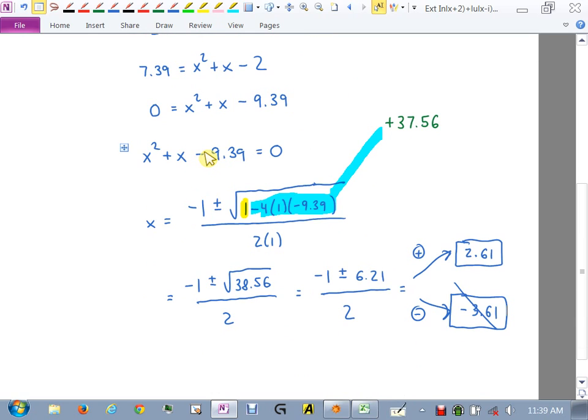All right, let's look at another example. Log 2x minus log of x minus 3 equals 1.